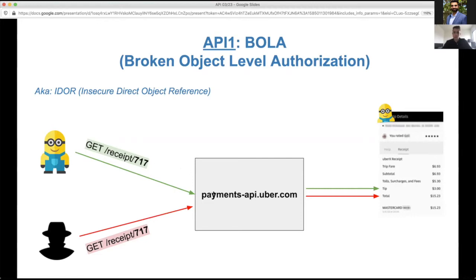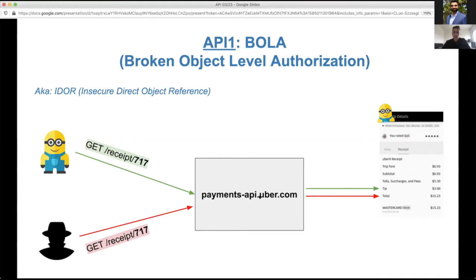And then the payments API processes the request and returns the receipt object to Bob, which is fine because Bob should have access to his own receipt. And by the way, the receipt includes PII, like payment information and the home address of Bob. This is fine. But then an attacker found out about this specific endpoint, and he sees that the receipt endpoint contains a receipt ID.